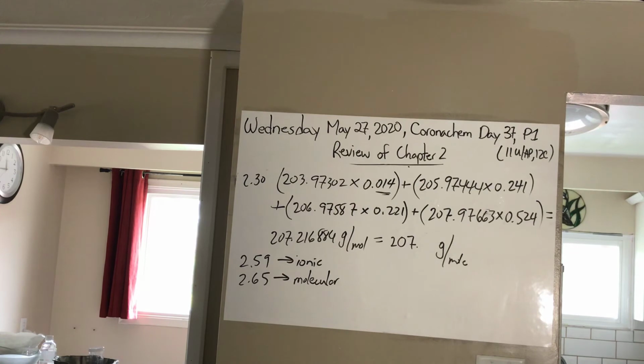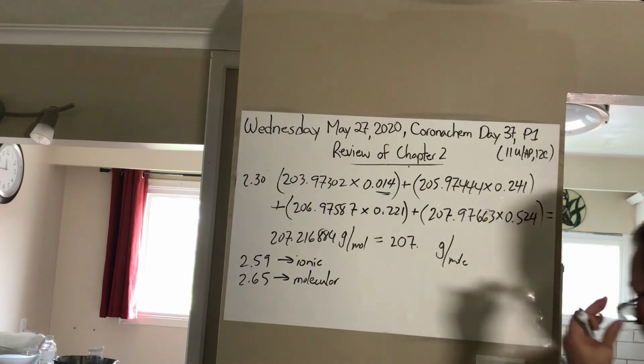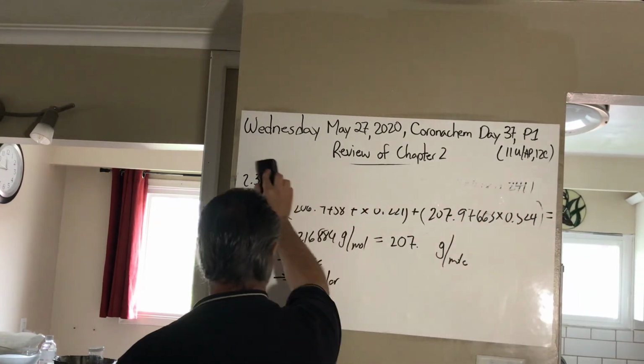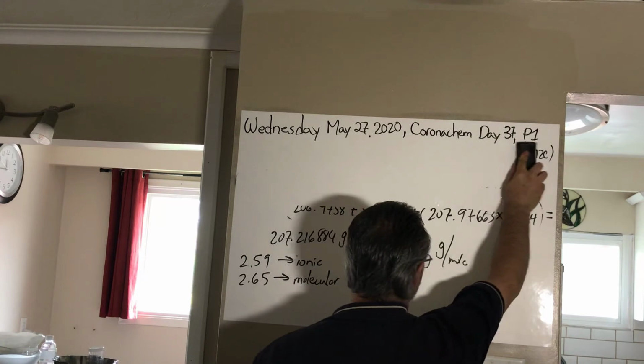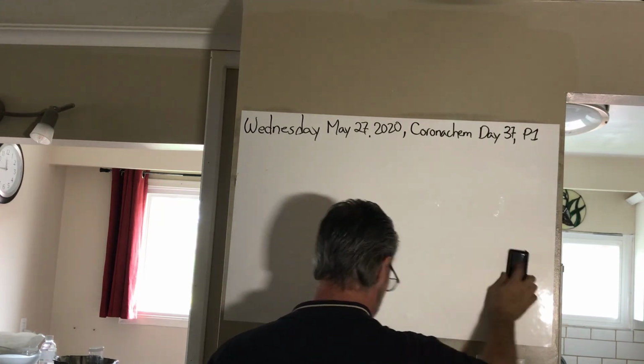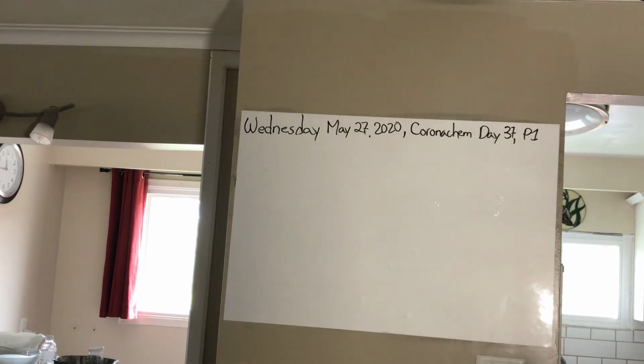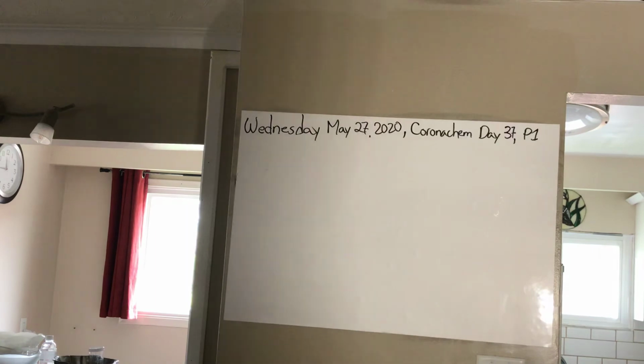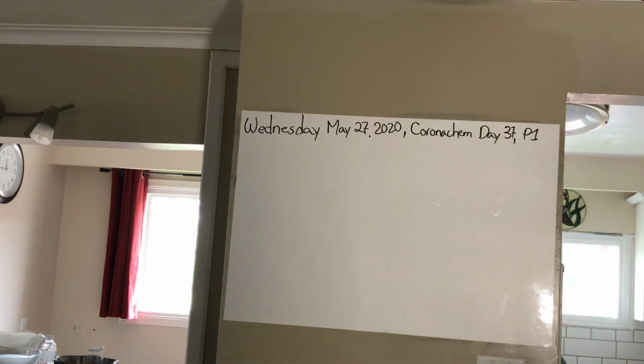Actually, we're going to need more room than what we have now, so I'm going to erase all that. Let's do a little time check, because I know the internet cuts me off at around half an hour. Or my phone, I don't know. Maybe it's my phone overheating.